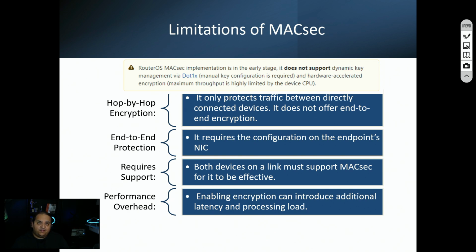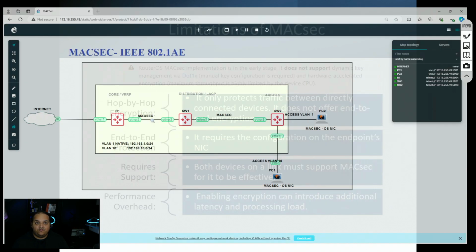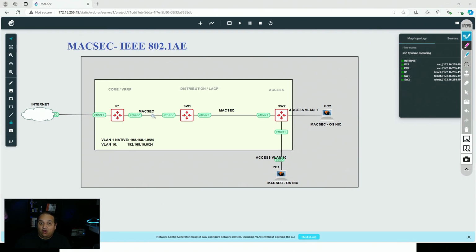Additionally, there are two concepts, hop-by-hop encryption and end-to-end protection, that we need to be aware of. When we talk about hop-by-hop encryption, we mean that every time that this device is going to send a frame to that device, it's going to encrypt that frame when sending out of that interface. Same is going to happen if switch 2 is sending traffic to switch 1.